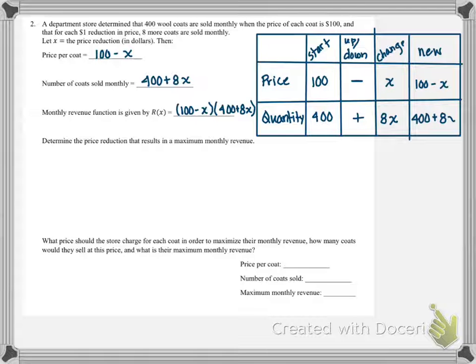So remember that if it's in factored form, the x-coordinate of the vertex is just halfway between the x-intercepts. So if this is our revenue function, if I find the zeros, well, I just find those by setting each of my factors equal to 0.